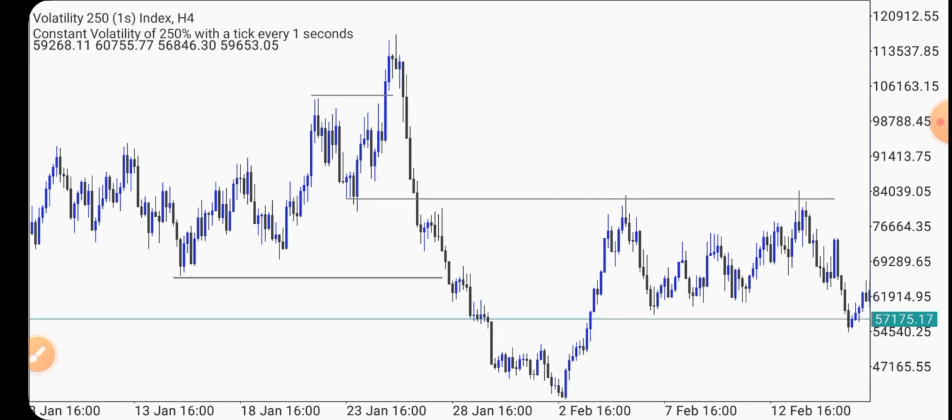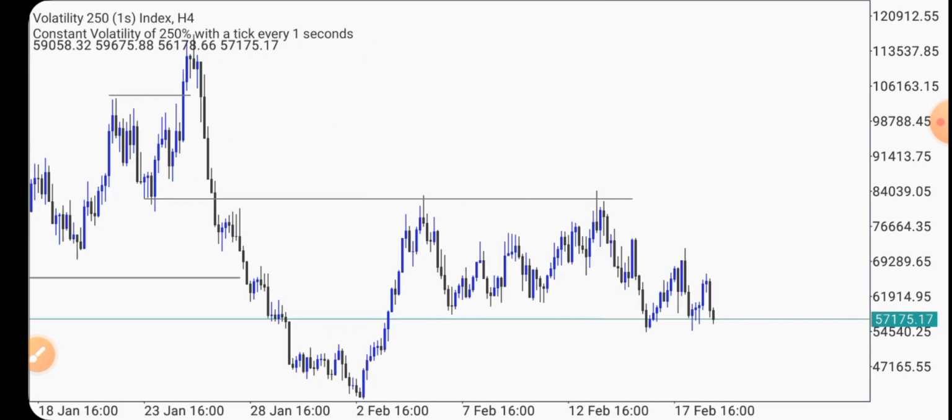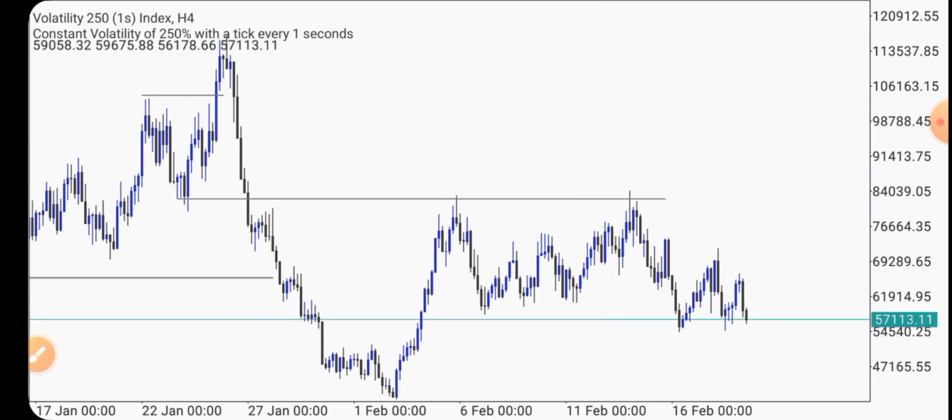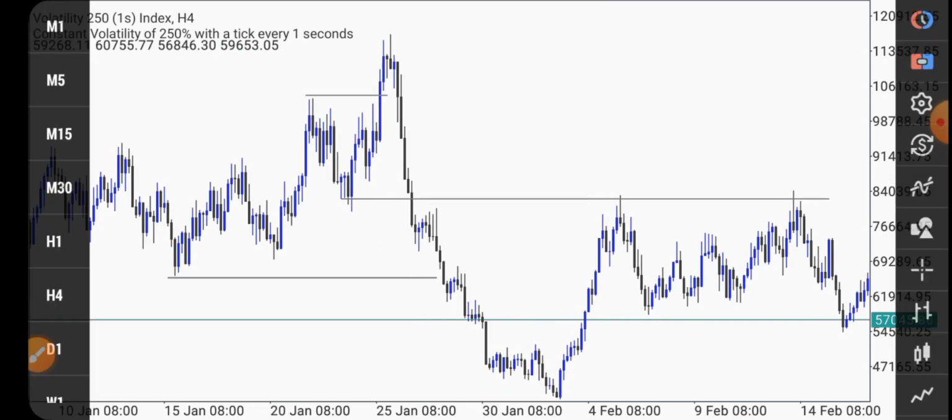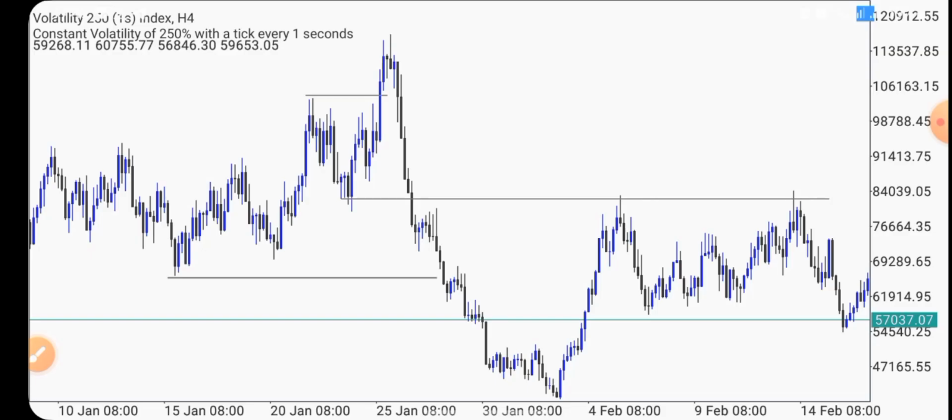Now when you look at this, I saw this zone here, and then I knew this wasn't the zone to trade.